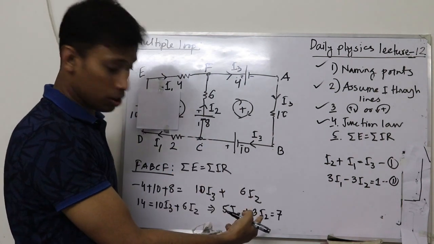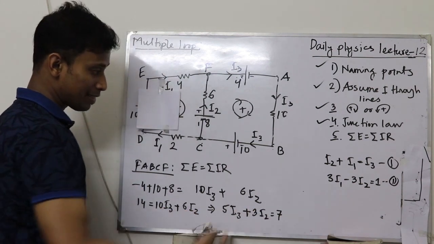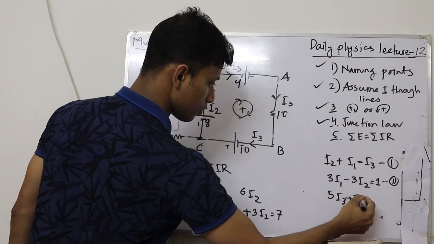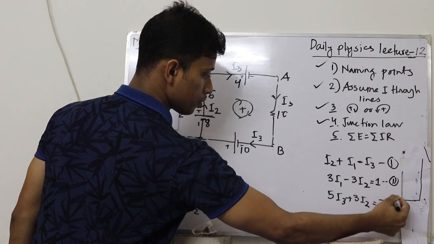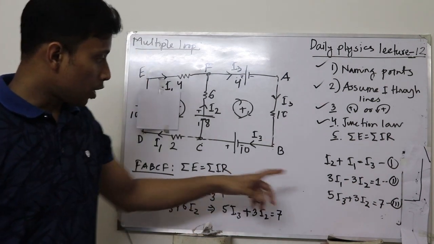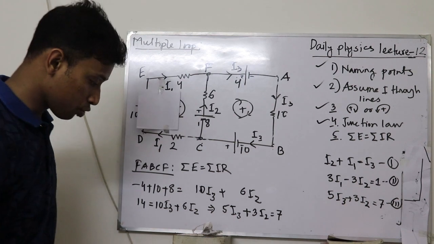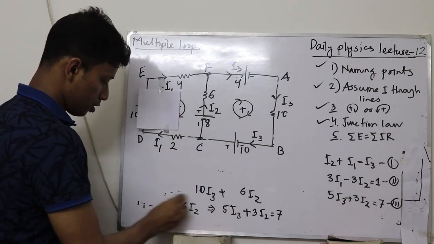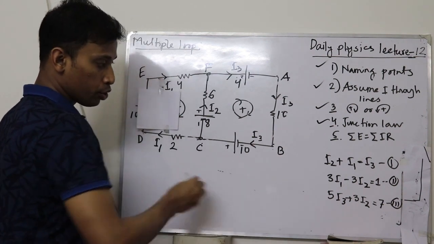Now we have got the equation 5I3 plus 3I2 is equal to 7. Put it here. So that's equation 3. Now we have got 3 equations. Please use the value of I3 here in equation 3. Just substitute I3 from equation 1 into equation 3.